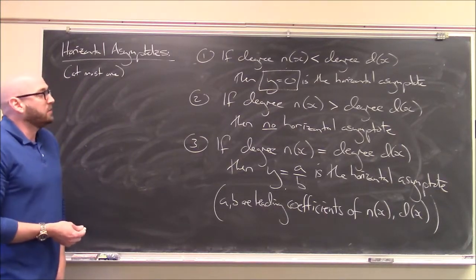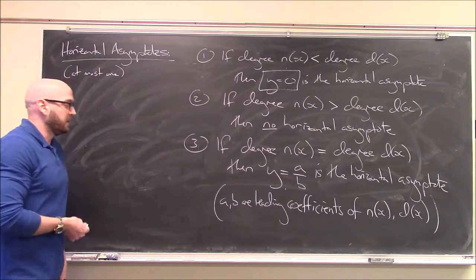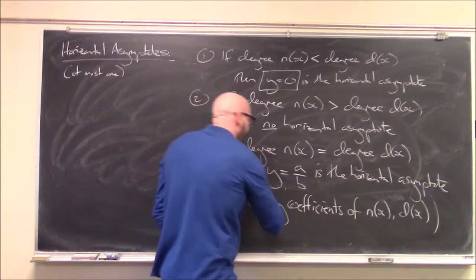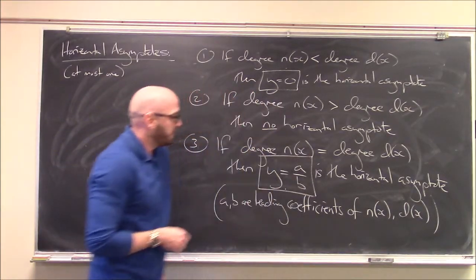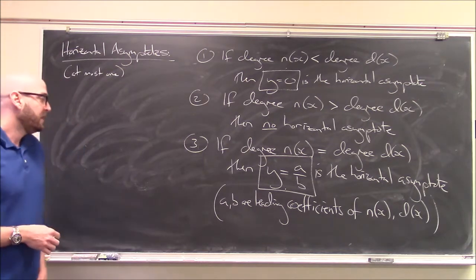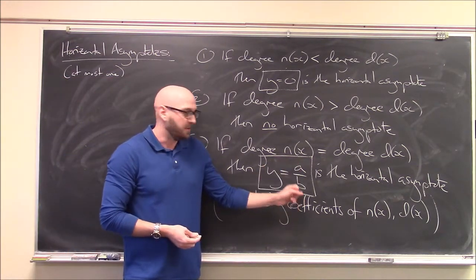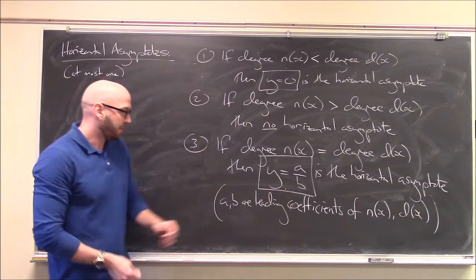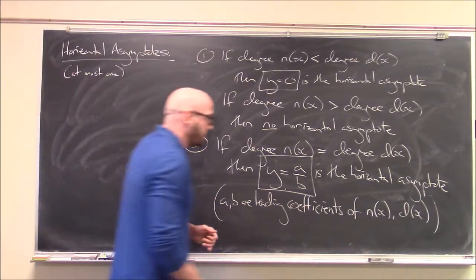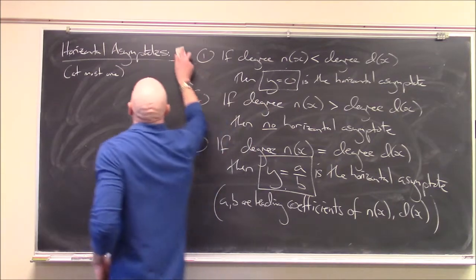And in the third possible case, where the degrees are equal to each other, then y equals a over b is your horizontal asymptote, where a over b is just the ratio of the leading coefficients of the numerator and the denominator. So we'll do some examples here, a couple of quick examples.